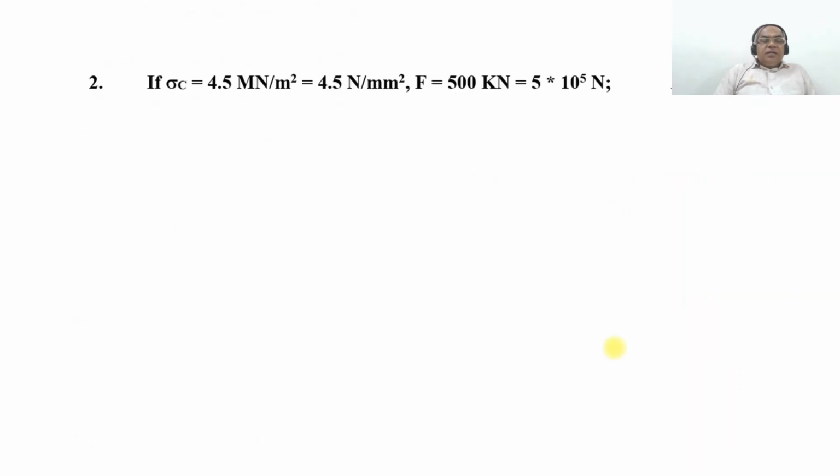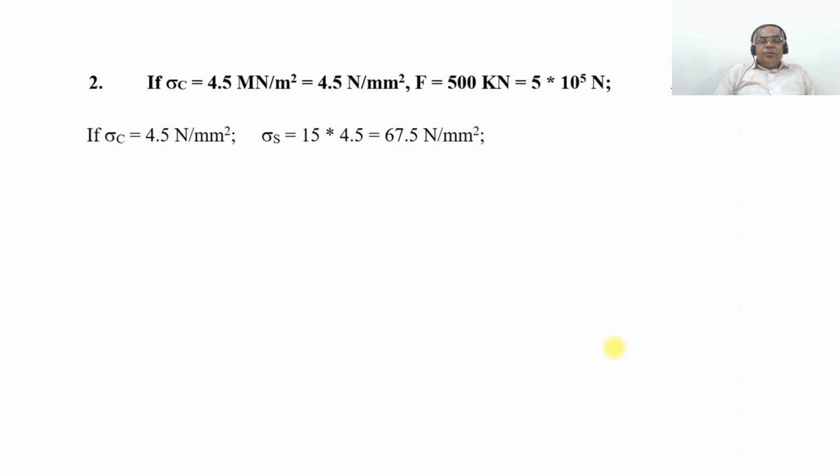Now, if sigma C equals 4.5 meganewton per meter square, that will be equal to 4.5 Newton per mm square. If F is equal to 500 kilonewton, that is 5 into 10 to the power of 5 Newton, what will be the area of steel? If sigma C is 4.5 Newton per mm square, what is sigma S? Sigma S will be equal to 15 into sigma C, which is given as 4.5.